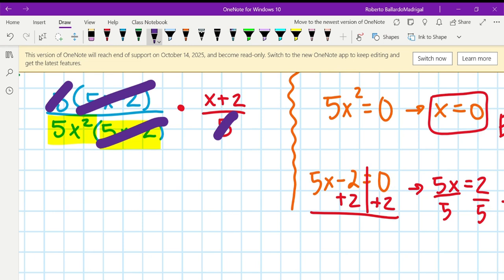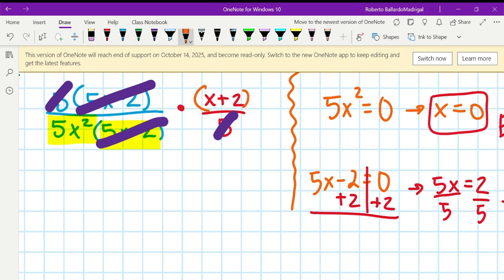However, am I able to cancel out this x with this x? Why not? Not because it's not squared. It's a good guess, though, but it's not quite the reason that we're looking for. Because we are adding with the 2. So you have to think of this x right here as a group.